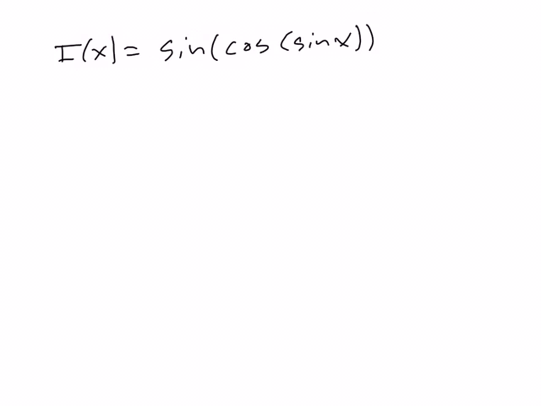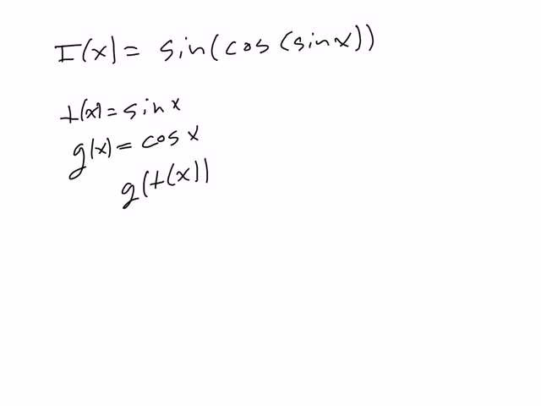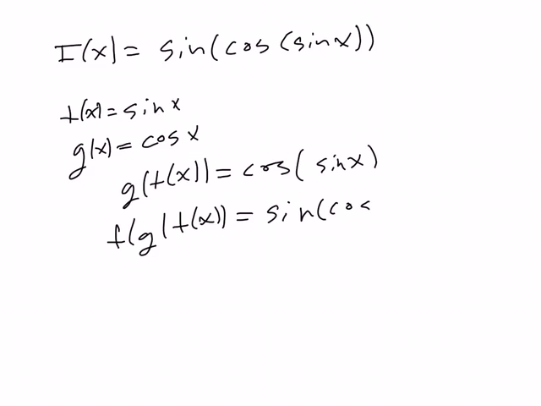So let's take f of x equals sine of x, g of x is equal to cosine of x, and so g of f of x is equal to cosine of sine of x, and f of g of f of x is equal to sine of cosine of sine of x, which is the original function.